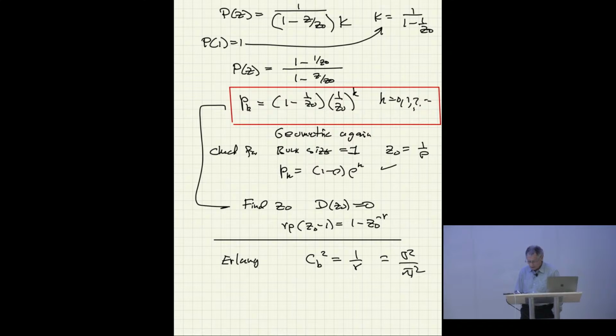It's equal to 1 over r, so cb itself will in this case be 1 over the square root of r, which is always less than 1. So we got things which are less variable than exponential. In fact, when we went to the impulse, that's got 0 variance. And each of those Erlangen distributions gets narrower and narrower relative to the mean. Okay, so it's a restriction.